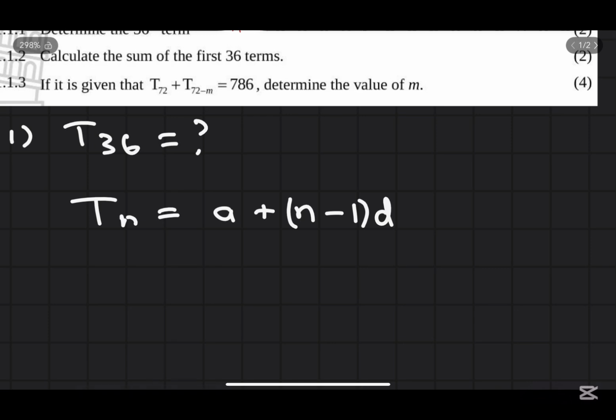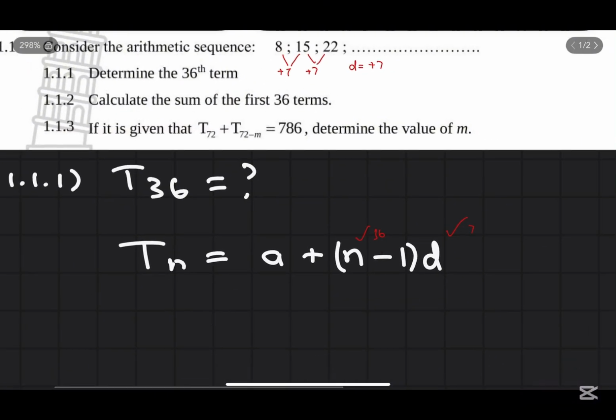We have already our D value, which is 7. We have our N value, which is 36, and we also have our A value, which is 8. Remember, the A value essentially refers to term 1. Always remember that, it is very important.